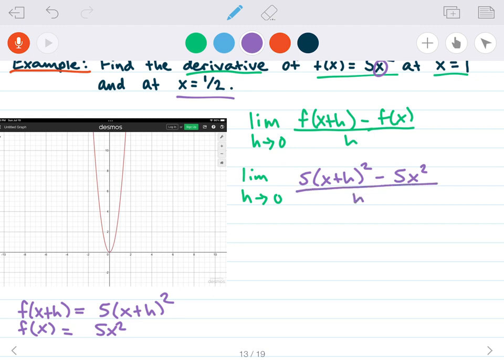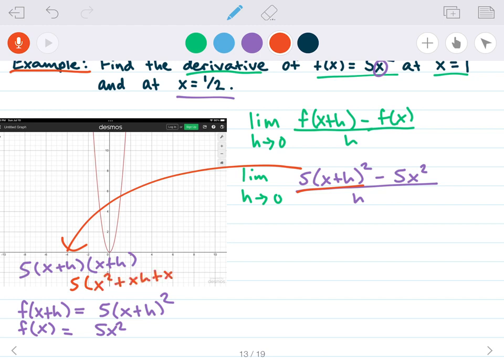Okay, let's simplify the top. Again, I'm going to leave that 5 in the front and just FOIL this x plus h squared. First, outer, inner, last.